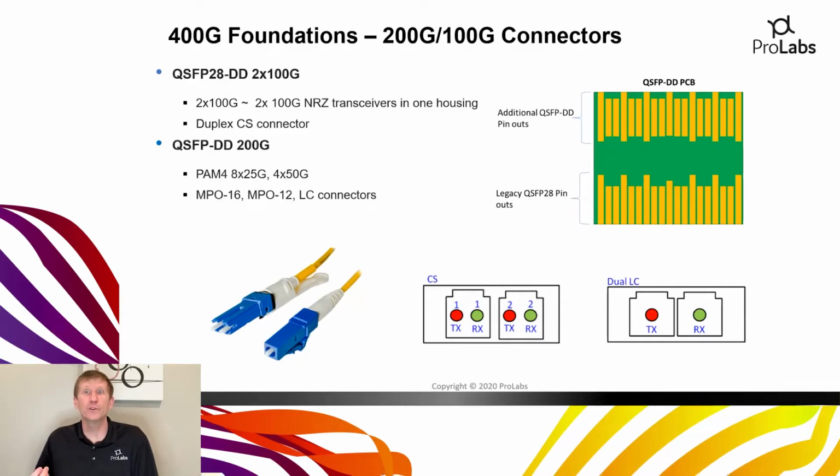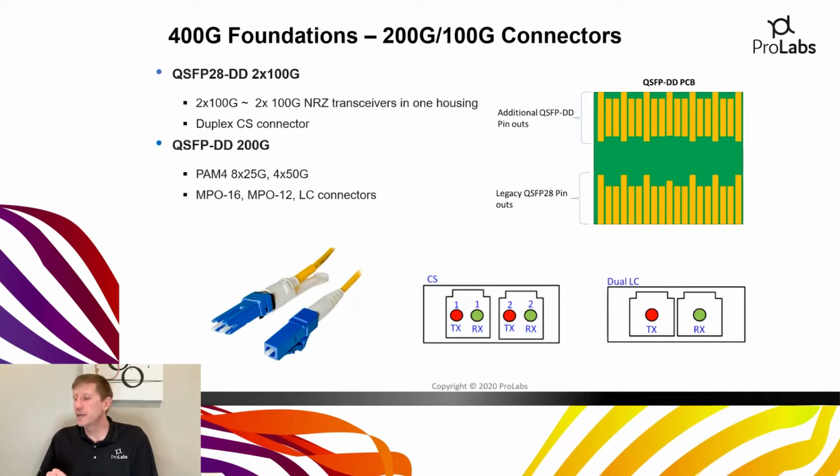Now, the same thing is going on with the CS connector, where two fit into the space of one LC connector. So on the face of this QSFP28-DD transceiver, there are two transmit and receive pairs using CS connectors, allowing for this independent operation of 2x100 gig transceivers.